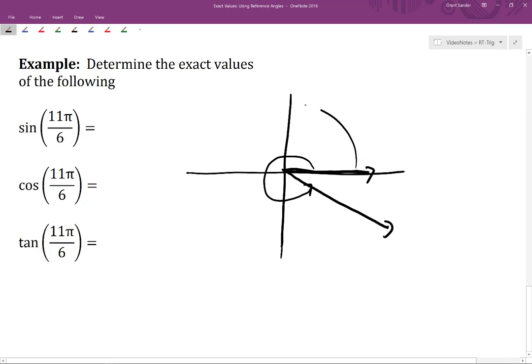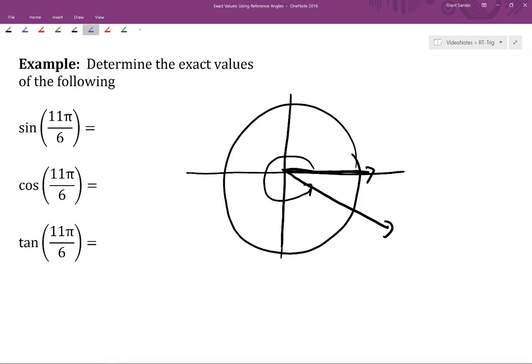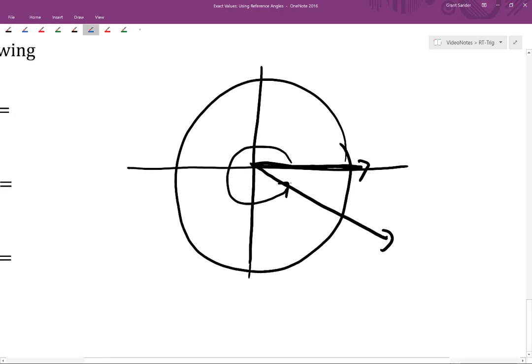We'll draw a circle centered at the angle's vertex. And our reference angle here, to get to a full rotation, we still have to go pi divided by 6 radians. So even though our original angle is 11 pi divided by 6, our reference angle here is pi divided by 6 radians. And we actually know a lot about angles that have a measure of pi divided by 6 radians.